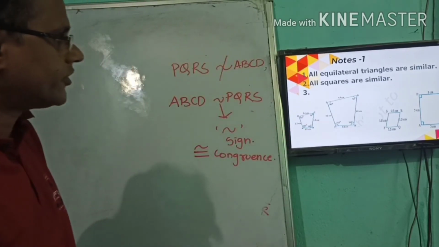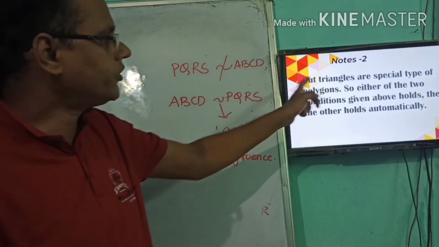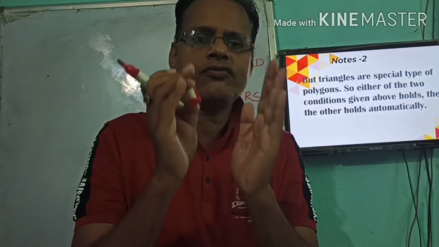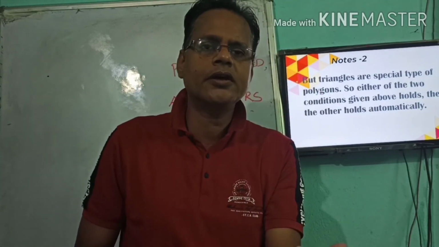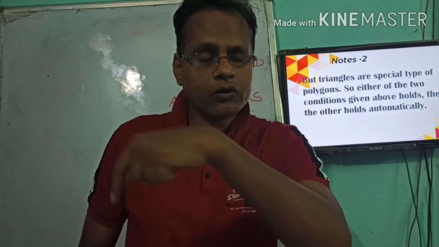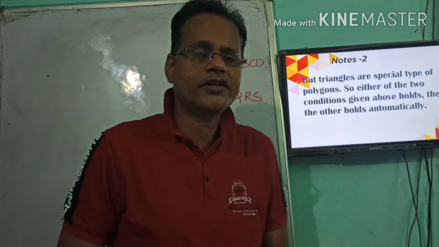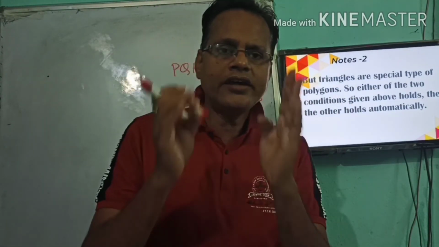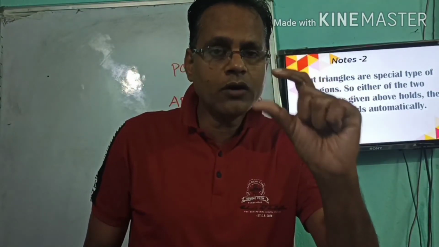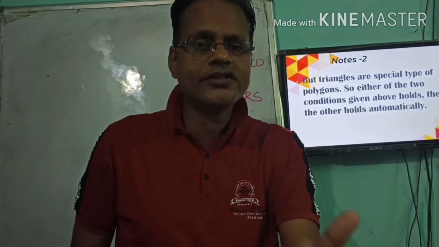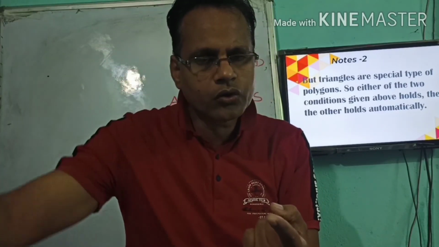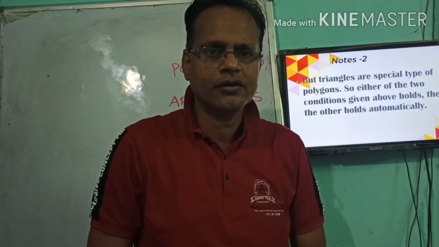Okay, come to the next note, about triangles. Note 2: triangles are a special type of polygon. As you know, a triangle is the first polygon. It is very specific. Therefore, you should learn this, as it will be helpful when you prove the criteria for similar triangles. In a triangle, unlike a quadrilateral, pentagon or hexagon, if one of these two conditions is satisfied, the second one will be automatically satisfied.